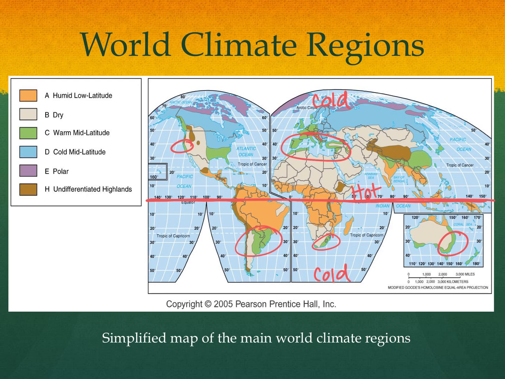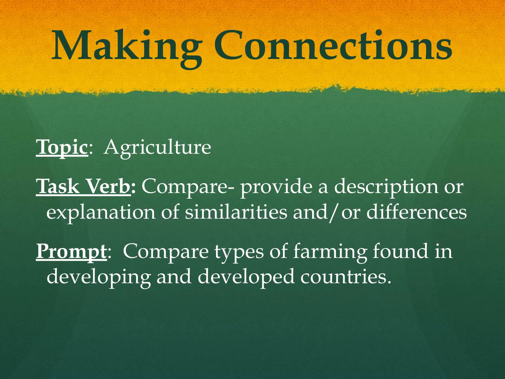Okay, so you kind of had a leg up because of our skills lesson last week. Okay, so now we get to practice our writing. It's just one part of an FRQ is all we're focusing on here, okay? You have a compare task verb. Compare is something that we have not done a whole lot of practice on, but you need to know that compare requires a lot of explanation.